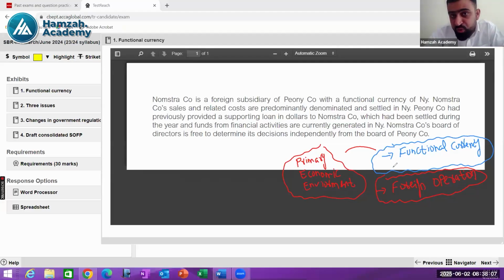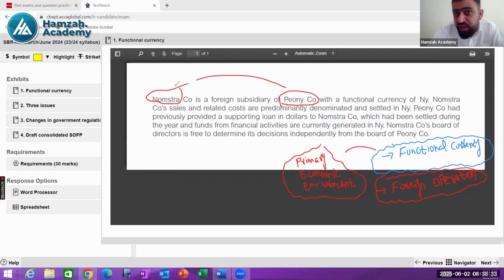In this discussion, you will consider whether the functional currency of the parent company, which is the PEONY company, can be considered as the functional currency of the Nomestra company. Nomestra is a foreign operation.